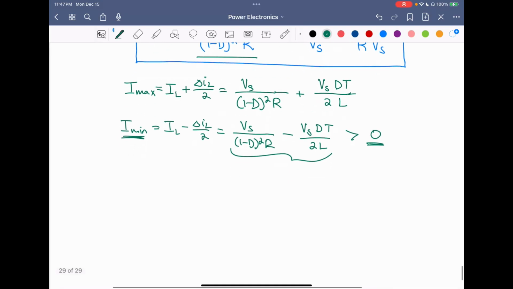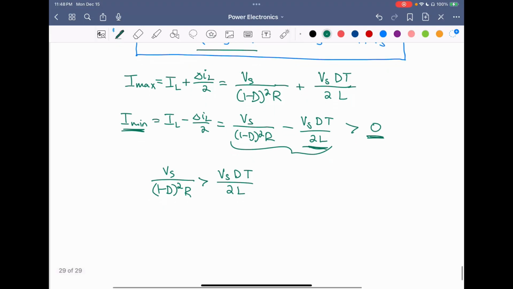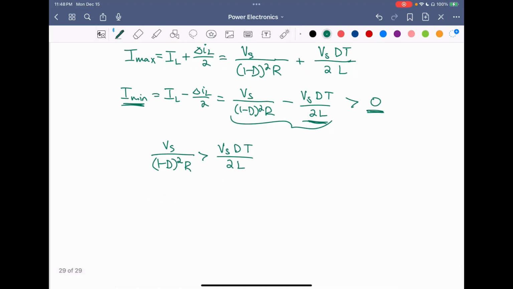So in this case, we have Vs over (1 minus D) squared R is greater than Vs dt over 2L. And we just move this term to the other side. Now, this period T, we can also express as 1 over the switching frequency, so 1 over f. So this equals Vs D over 2Lf.